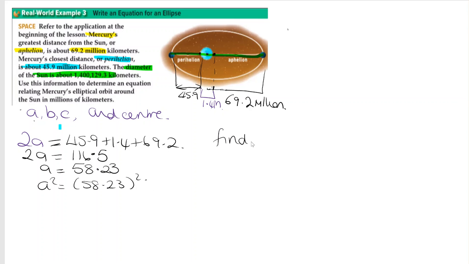Okay, next thing we need to do is find C. So to find C, we're going to have to find the center. So from here to this point here, let's mark the center.